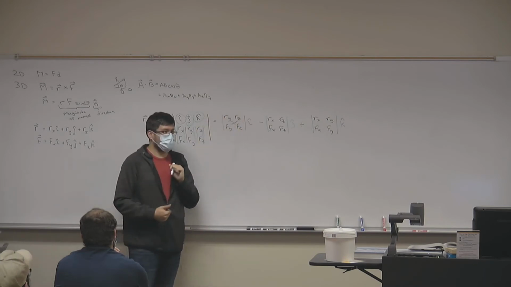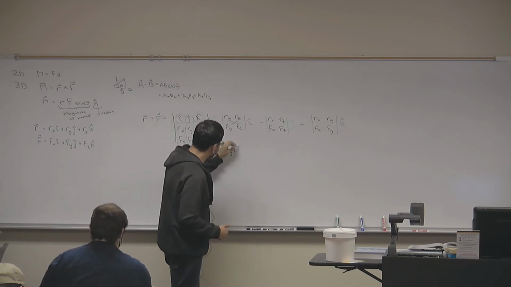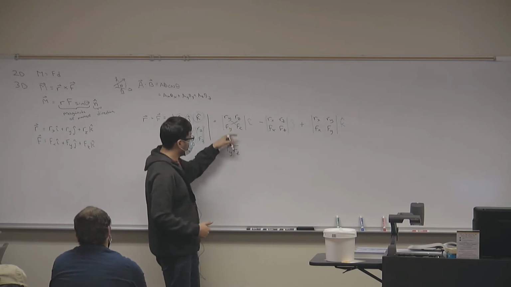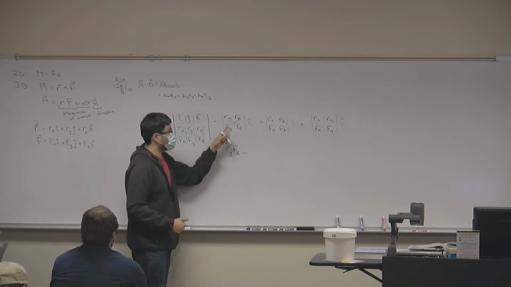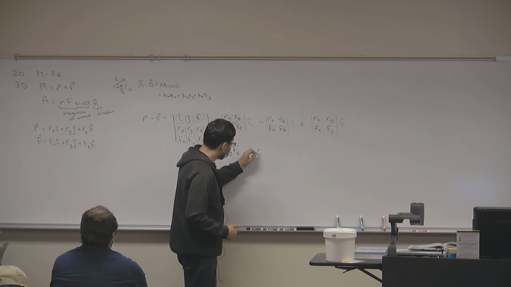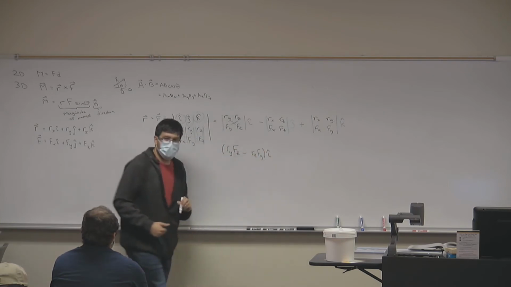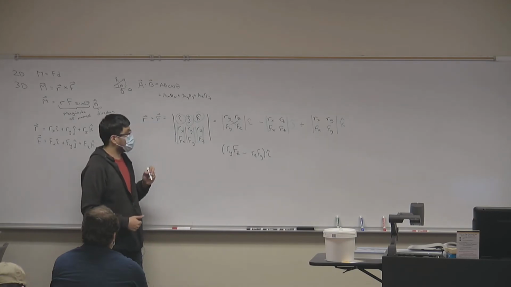Oh, you see what I did there? Cross product, okay? So we get Ry times Fz minus Rz times Fy. And all this multiplied by my unit vector in the direction of x.